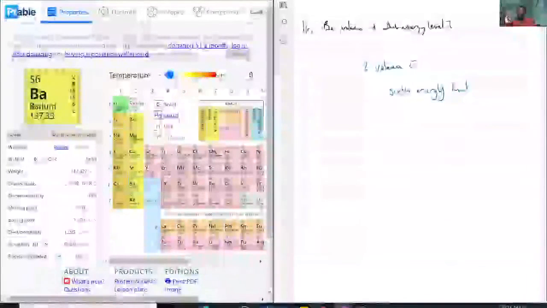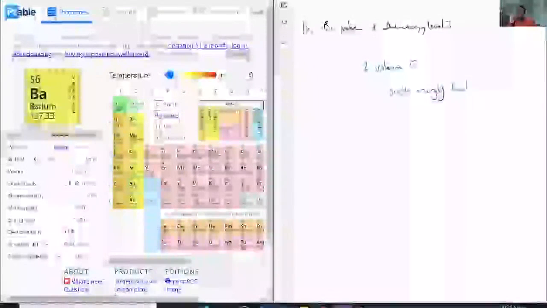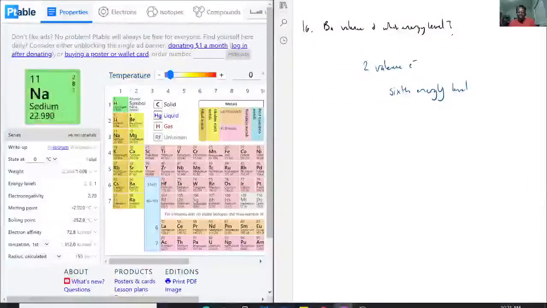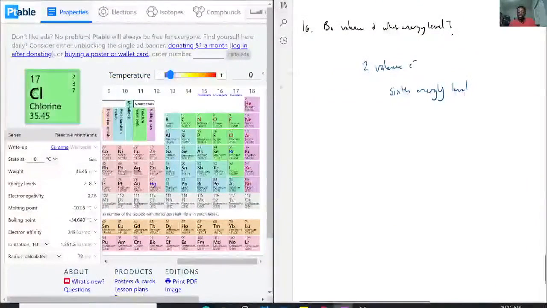The tricky part is if you ever ask this for transition metals, because it's not always face value. But for columns 1, 2, and 13 through 18, it's relatively straightforward how many valence electrons they have and what energy level they're at. So just to review, the valence electrons is found by the column they're in, and the energy level is found by the row that they're in.